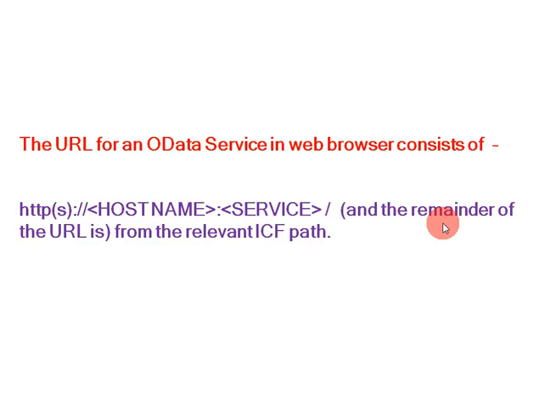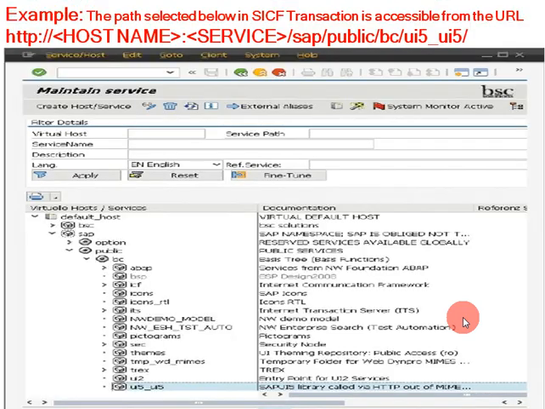The URL for an OData service in the web browser consists of hostname, service, and the remainder of the URL is from the relevant ICF path. Let's take an example.